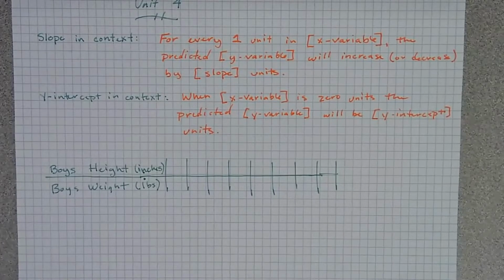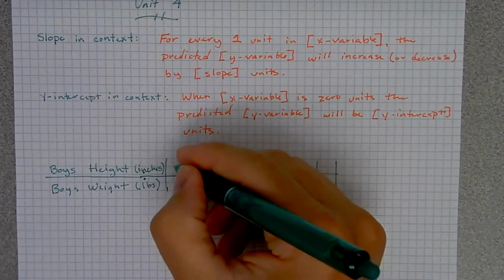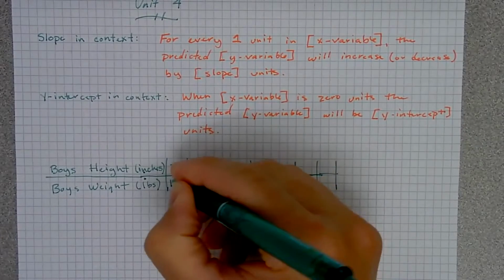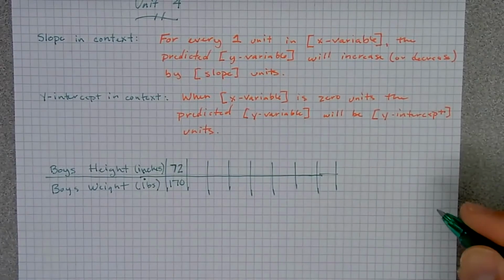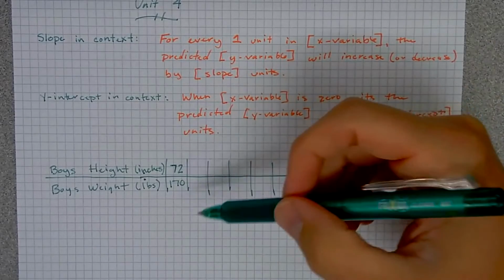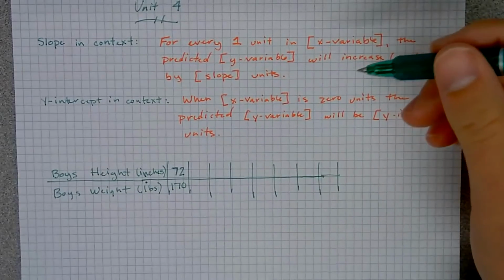All right, so you get a set of data, right? In this case, I'm going to compare the boys' height in this class to the boys' weight. Not trying to height shame or body shame anybody. That's me, 6 feet, 170 pounds.